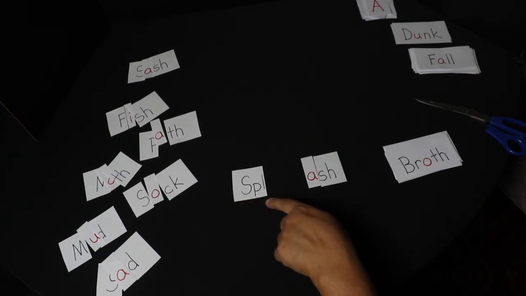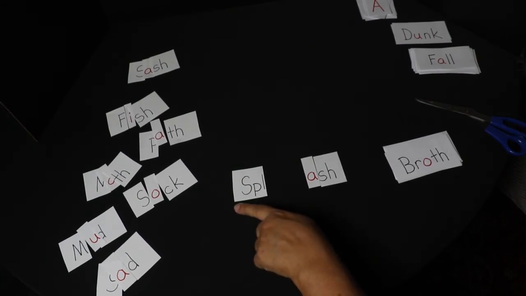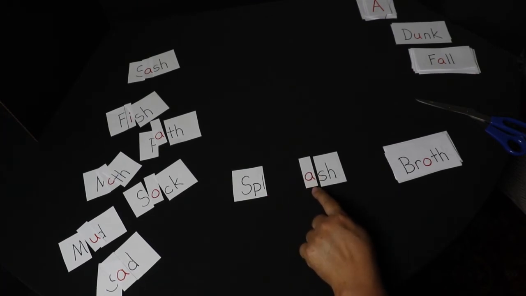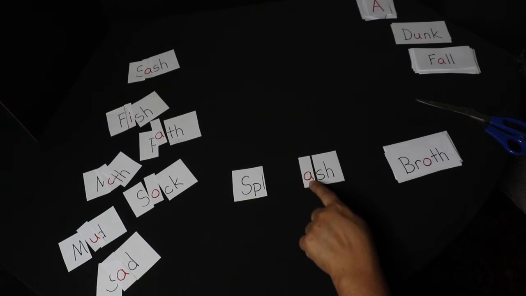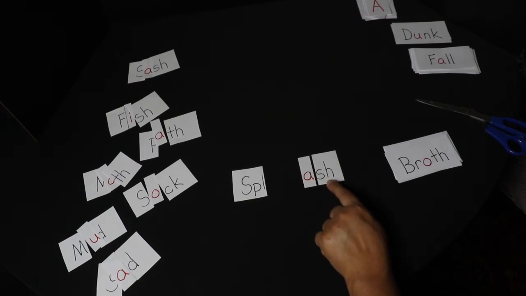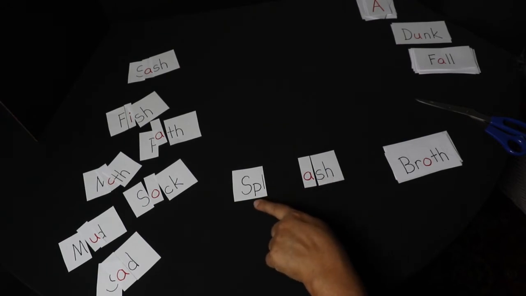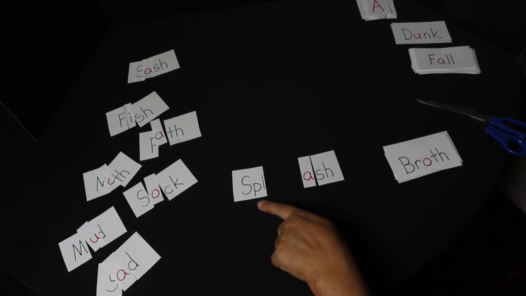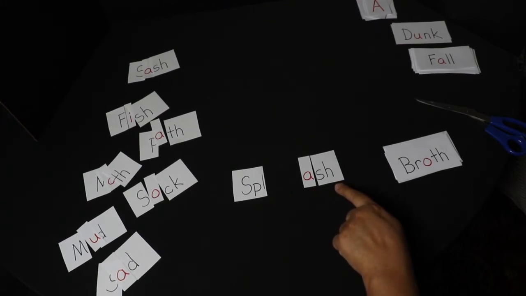Spl, spl. So this blend says spl. The vowel says its short sound because it's closed in. And this is a digraph that makes the sound sh. So we have spl, a, sh, splash. Is splash a real word?